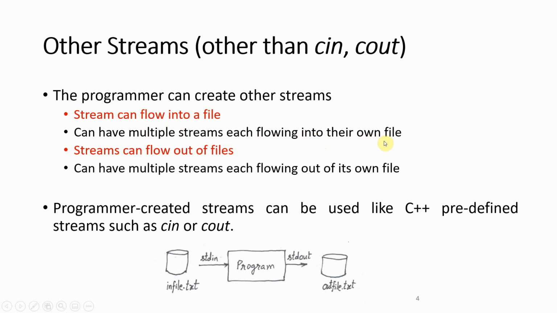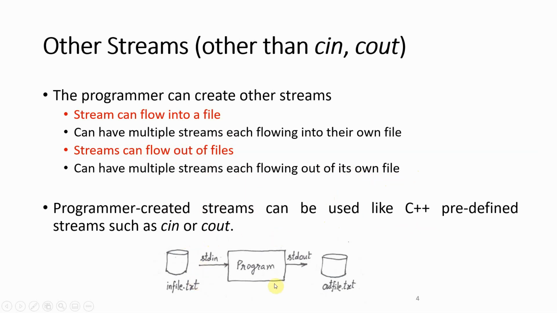So we can have multiple files opened, and we can read from a file, write to another file, and read from a third file, and so on. Streams can also flow out of files, with multiple streams each flowing out of its own file. Programmer created streams can be used like C++ predefined streams such as cin or cout.